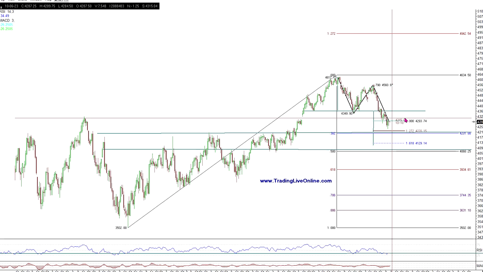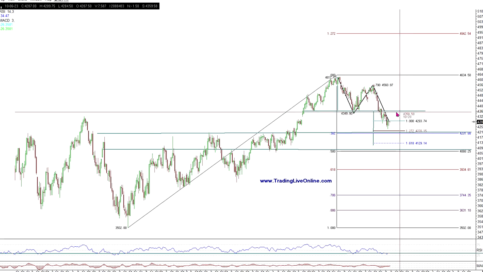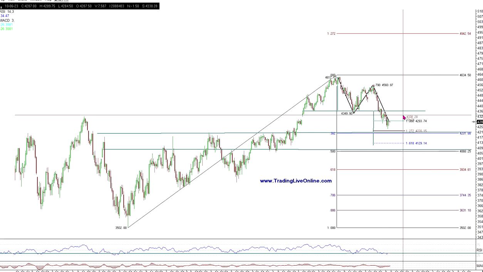Now I think this neckline area right now is going to be an important resistance area to keep an eye on. 4370-ish is just about where it is. Let's give it a few points either way. We don't always get exact numbers.